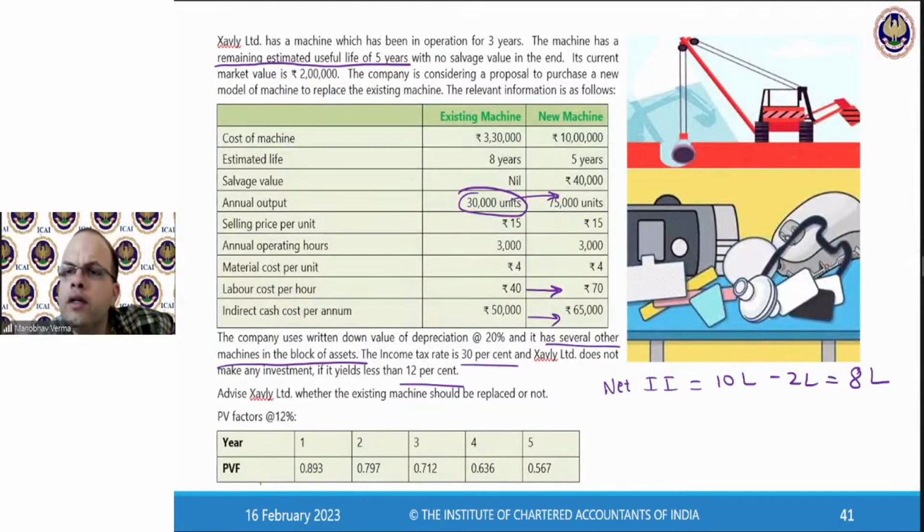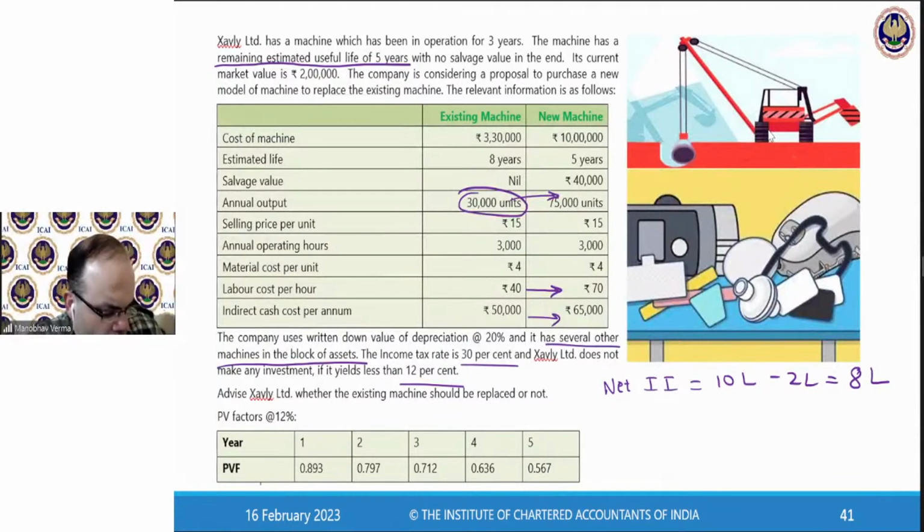Great. Those of you who gave me different answers, are you with me now? 8 lakhs? What's going to change further is the depreciation and also the profitability. The profitability will also change. So let's go ahead with these one by one.